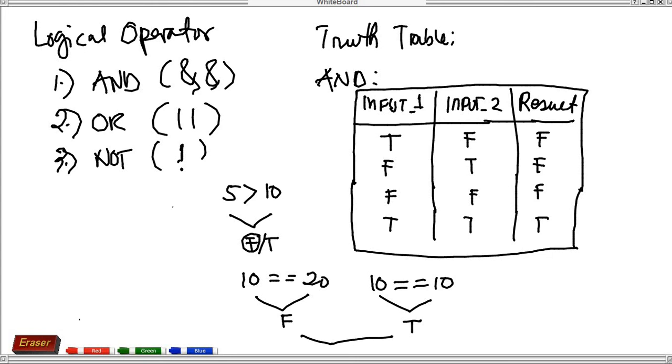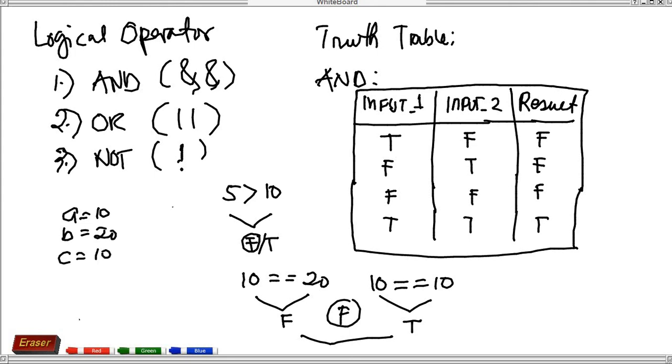So if true and false, what will happen? False and true using AND, the result is false. So the result is false. For example, just as an example, A is equal to 10, B is equal to 20, and C is equal to 10.